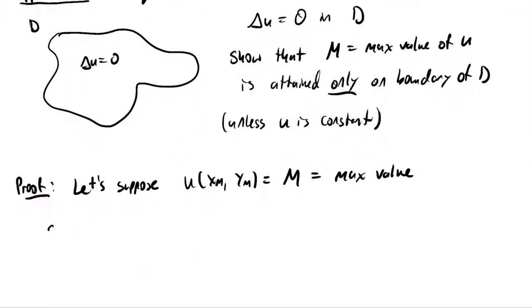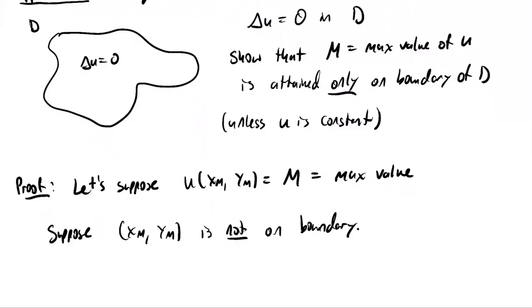And now let's suppose that this point is inside the interior of the domain, so suppose this is not on the boundary. We want to see what happens if this is the case. How would it be possible for the point where the maximum is attained to be in the interior of the region and not on the boundary? So maybe the point is over here. Say this is xm, ym.